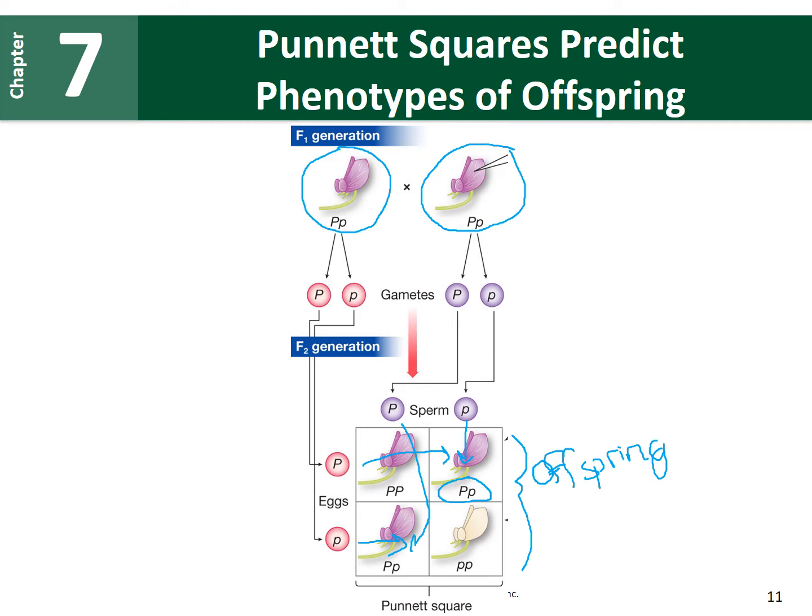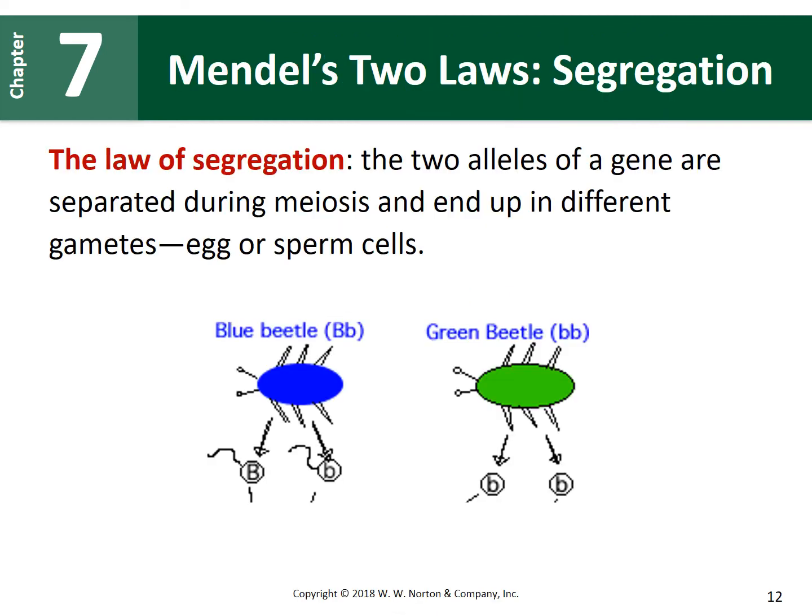So using this idea and what Mendel found when he did these crosses and worked out the numbers, we have Mendel's first law called the law of segregation. This states that the 2 alleles of a gene are separated during meiosis and they end up in different gametes, which are the egg or sperm cells.